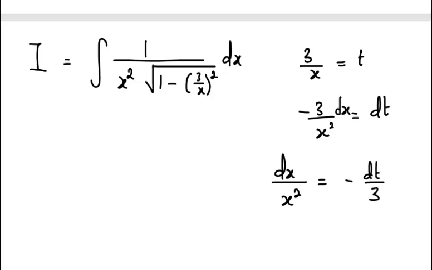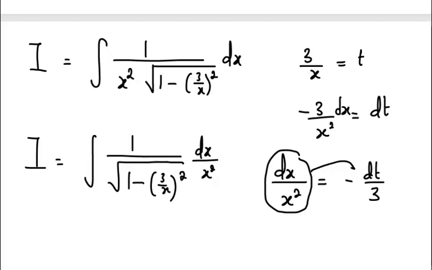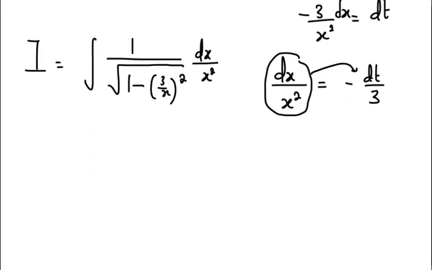And when we know this integral I, we can write it as the integral of 1 all over, then we have the square root of 1 minus, this is 3 over x whole squared. And then we're going to write this as the dx over x squared. So we can see the dx over x squared is equal to this, right? So that makes this integral really cool.